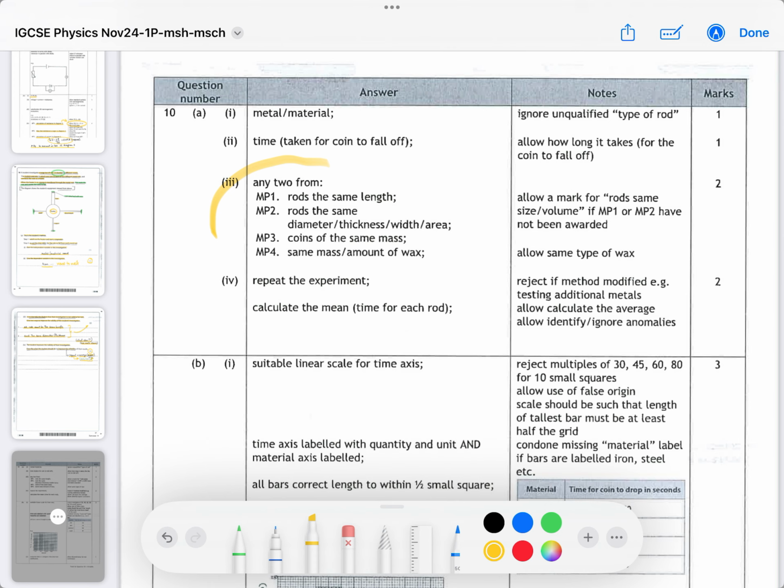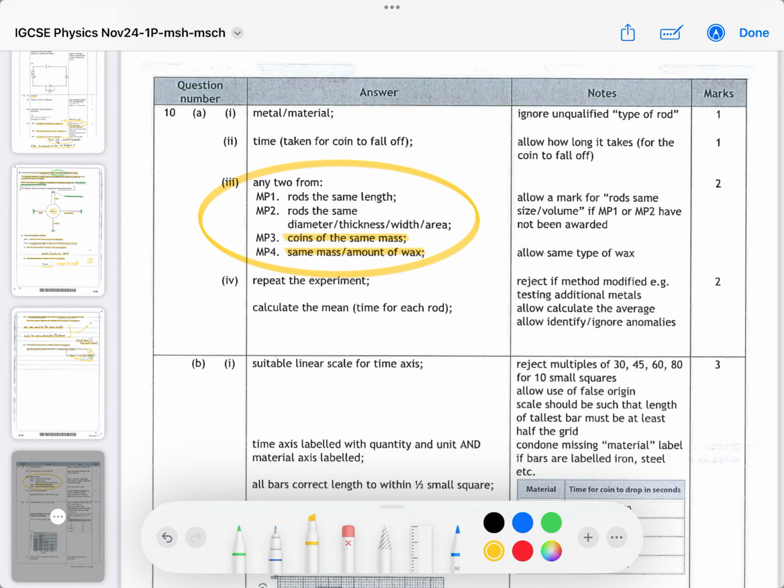Here are the alternatives that they accept for the validity. Same length, rods the same thickness, different words. Coins must all be the same mass or the same type of coins, ideally. And same mass or amount of wax used. That's a good point too.